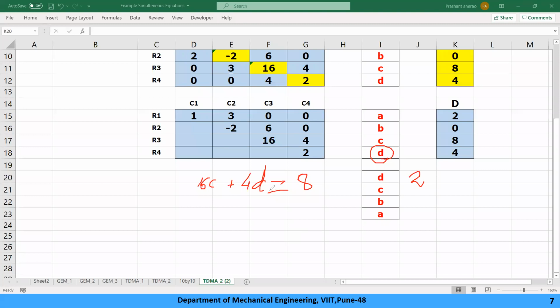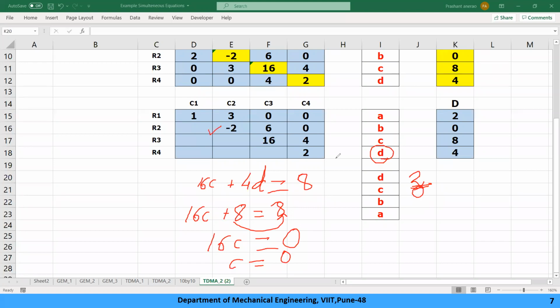So this becomes our equation. We have calculated D is equal to 2, so 4 into 2 is 8. 16C plus 8 equal to 8. If I take this 8 onto the right hand side, what I'll get is 16C equal to 0. That means C is equal to 0.